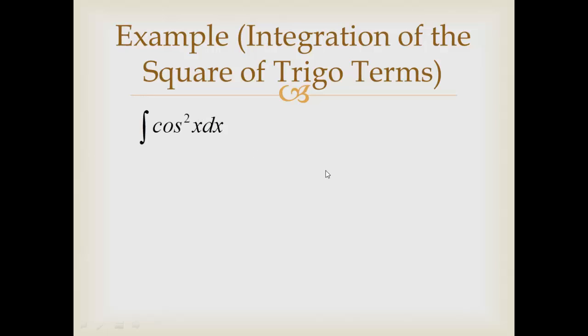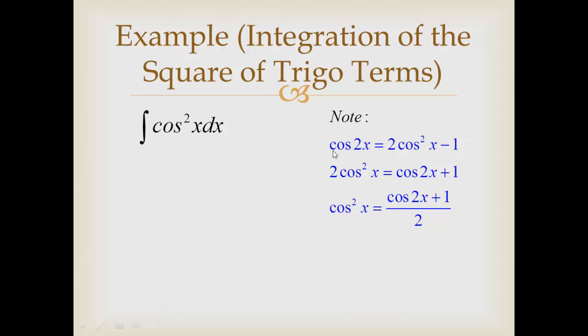Let's recall our double angle formula. If we double this given angle x, we'll get cos 2x. Can we relate cos 2x with cos square x? Yes. We note that cos 2x is 2 cos square x minus 1.